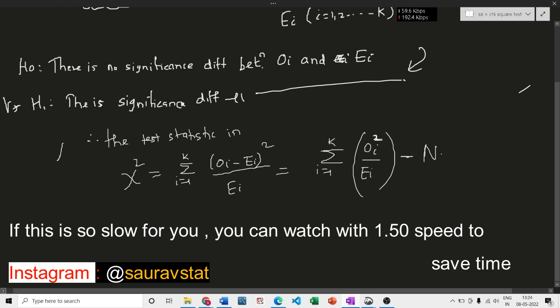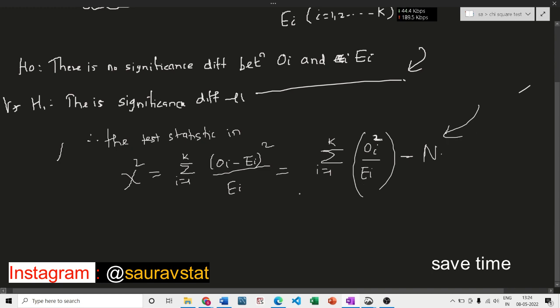This will be your capital N in that case, where capital N is the summation of Oi, or it is the summation of the expected frequencies also.